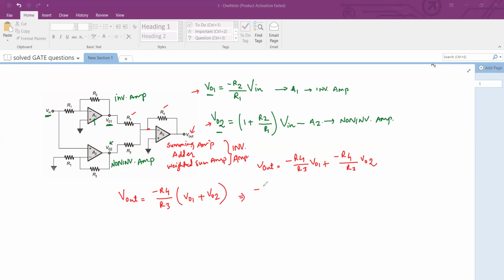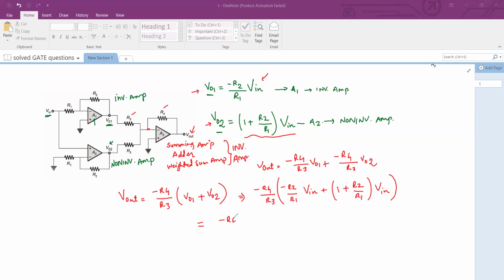Furthermore, we write minus R4 divided by R3. VO1 has a value of minus R2 divided by R1 times V in, plus VO2, which is 1 plus R2 over R1, times V in. Can we solve it further? We can take V in common.